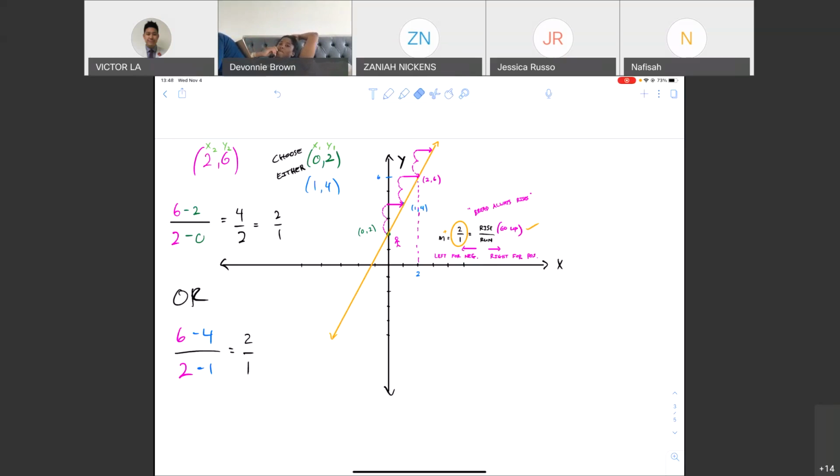It's just that when I'm teaching this, I always teach the rise over run, so that for those who are nervous, indifferent, or anxious about it, you're kind of like, oh, okay, cool.